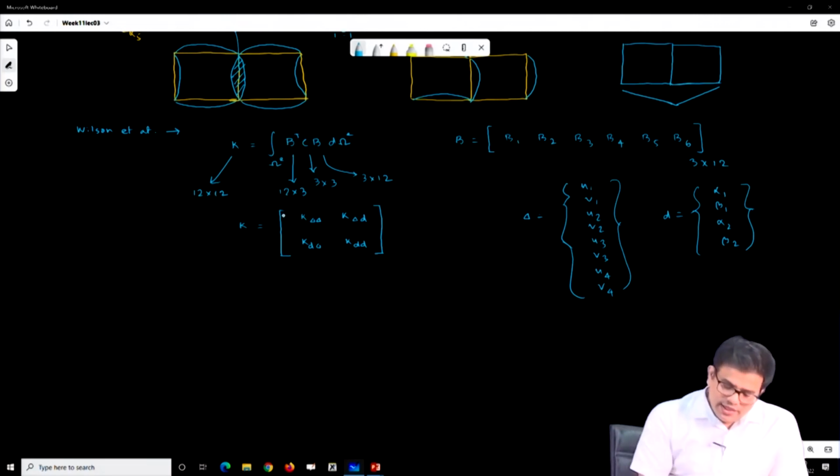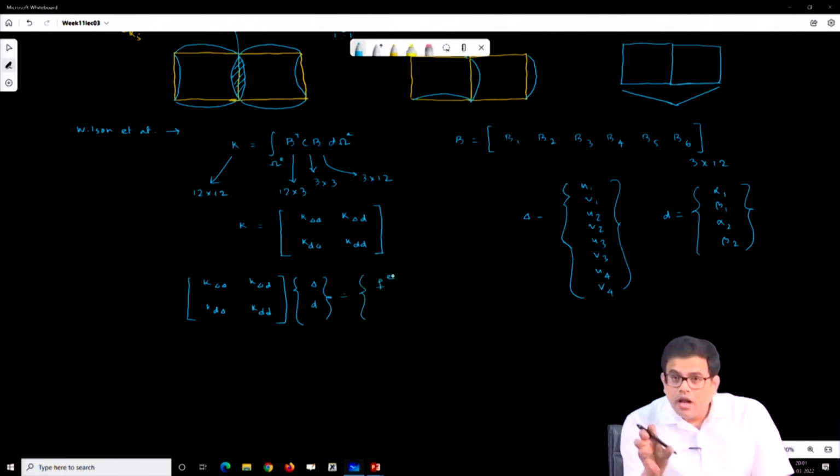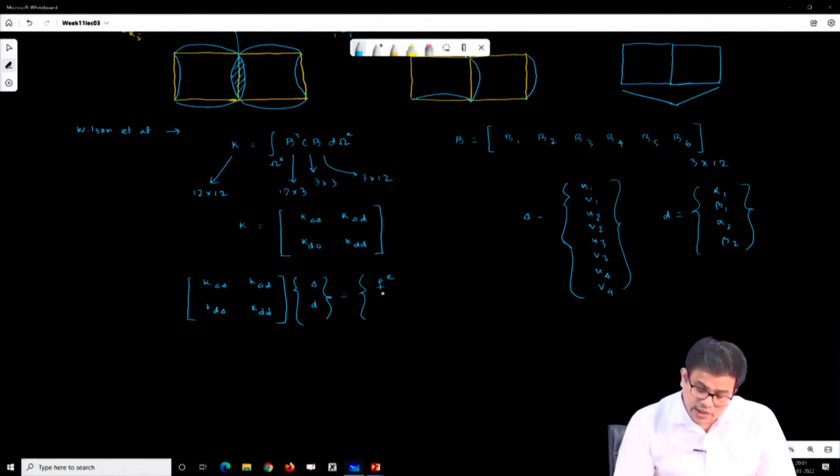So the elemental equilibrium equation for this element I can write like this: K delta delta, K delta D and K D delta, K D D, multiplied by delta and D, equals Fe, the elemental force vector due to traction, body force or any other load.